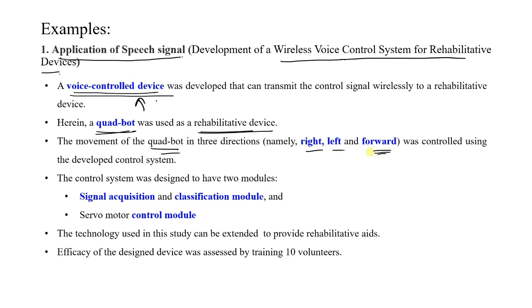The control system was designed to have two modules: one, signal acquisition and classification module, and the second, the control module for the servo motors present in the quad bot. The technology used in the study can be extended to provide rehabilitative aids. Since we did not have access to rehabilitative aids, we used the quad bot as the representative rehabilitation device.